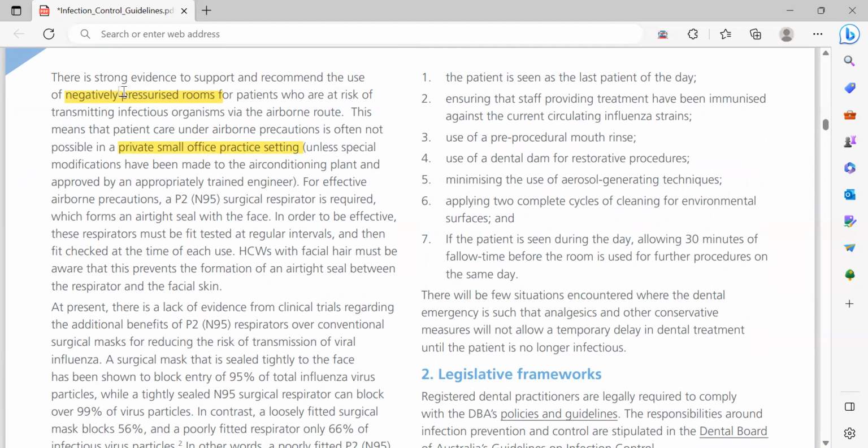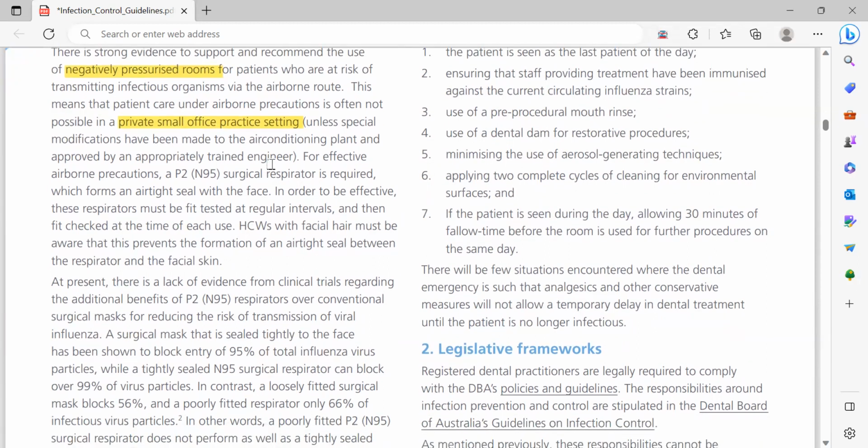A negatively pressurized room means that the air conditioning plant is approved by an appropriately trained engineer. So in those rooms the air conditioning pressure is negative, so they are a special type of room made so that the transfer of the disease would not happen through the air. So this is the second point that you need to consider for those patients.